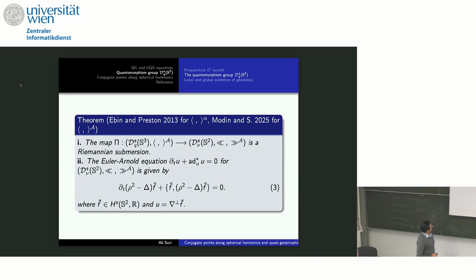So this map pi with this metric is a Riemannian submersion, and the Euler-Arnold equations on the base, volume preserving diffeomorphisms on S2, are given by equation 3. We see that without this Coriolis part, which comes from the second central extension with a non-zero cocycle, but again trivial, this is an Euler-Arnold equation.